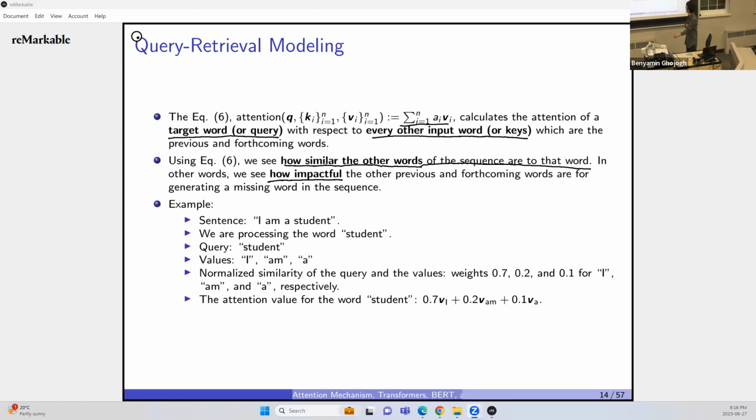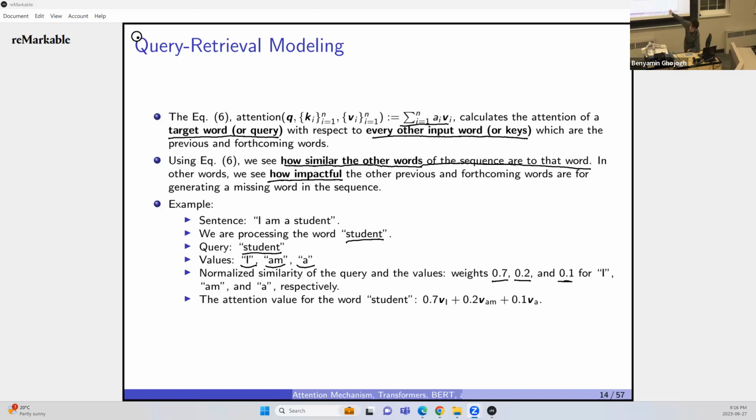Consider this example. I am a student. We are processing the word student. So the query is student. Values are I, am, and a. So assume I calculate the similarity, and the similarities become like this. Between I and student is 0.7. Between am and student is 0.2. Between a and student is 0.1.